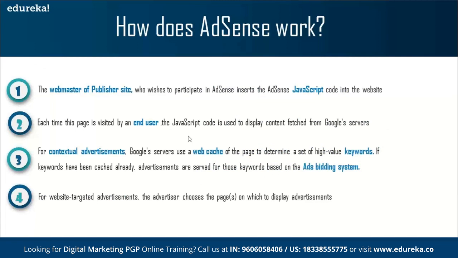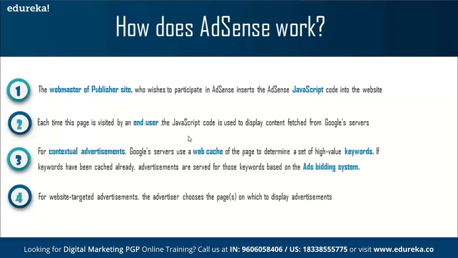Let's understand how Google AdSense works. It's actually pretty simple. I'm sure some of you would have tried installing Google Analytics code. Basically, it is a JavaScript code which has to be put into the website. The webmaster or publisher site, which is willing to participate in the AdSense program, inserts the AdSense JavaScript code into the website, and bingo, it works.